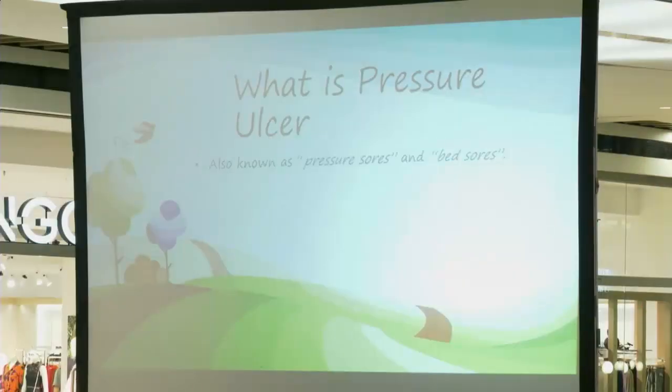Because when you have a bed sore, it's actually a very, very terrible case already. You have to do wound dressing. So these are the things that I normally share with all of them. Pressure ulcer, in more layman terms, is a bed sore. It can happen at the back, and the wound gets larger and larger.